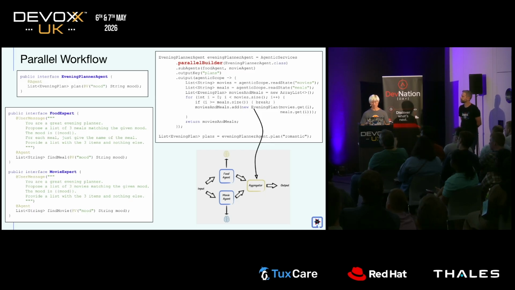And the parallel workflow is pretty much running multiple jobs simultaneously. For example, in our demo, a car rental company.